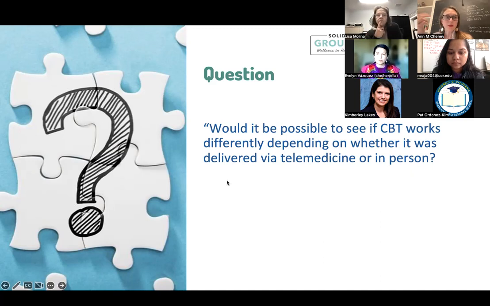If both worked equally well, then we could say that for reducing PTSD symptomology, either telemedicine or in-person works. And we could recommend, based on evidence and the research, that both delivery models could be used.